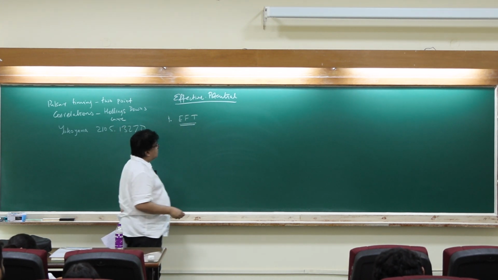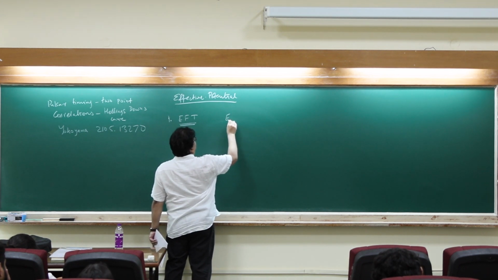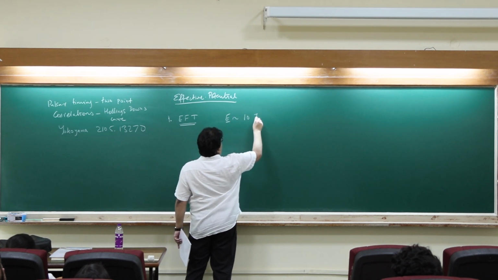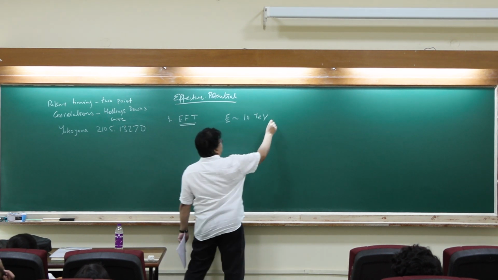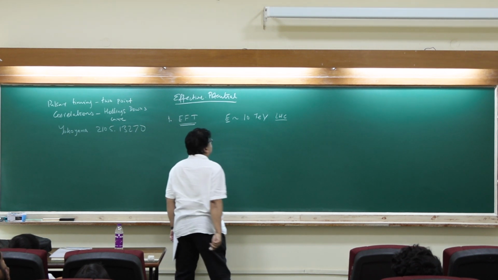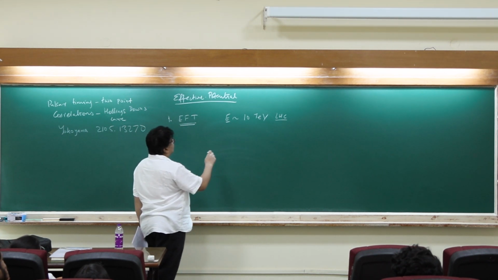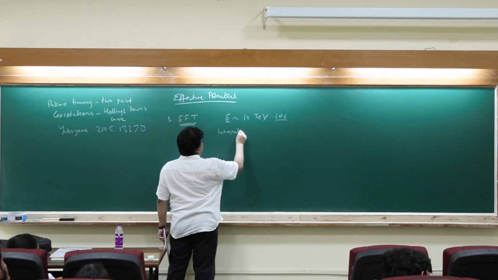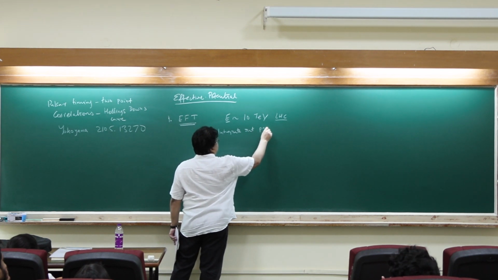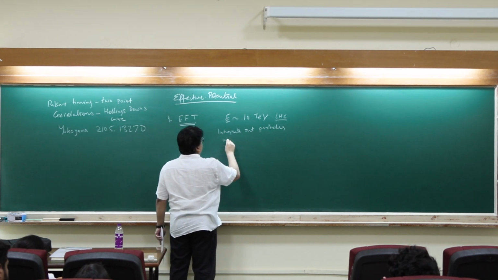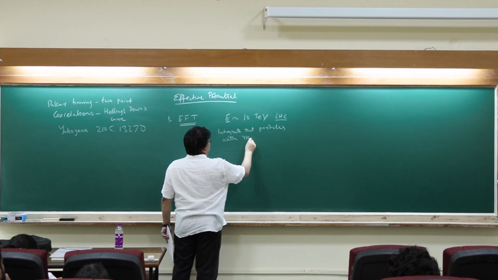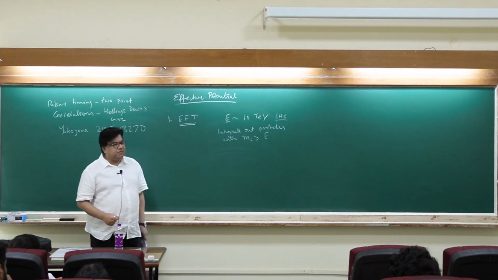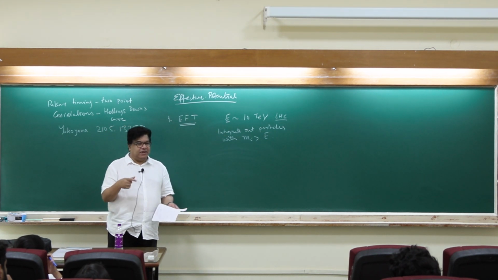So the idea here is that supposing you have experiments which are probing some energy, and let's say you have the LHC which probes 10 TeV. Then write the theory, integrating out particles with mass greater than E. Okay, which means that these particles do not appear as external legs, they only appear in the loops.